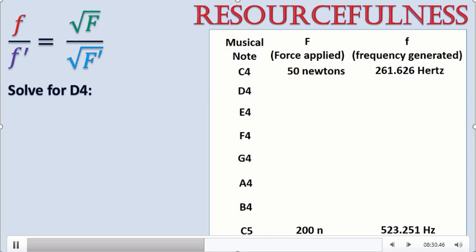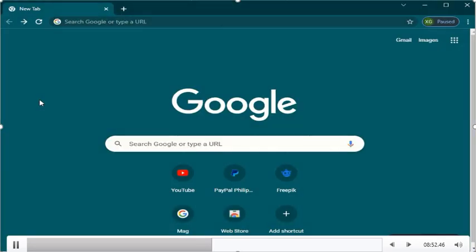But then, we don't have F prime, the other value for string D4. At this time, we are already trying to compare C4 and D4. We need three data. So, what do we do?